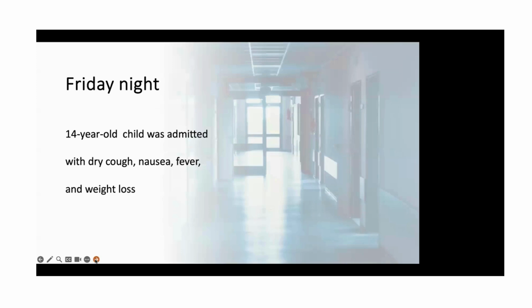So let's start with a very short case intro, and then we will discuss the whole details. All emergency situations usually start on a Friday night. So it was a Friday night, and a 14-year-old child was admitted to our hospital with dry cough, nausea, fever, and weight loss.